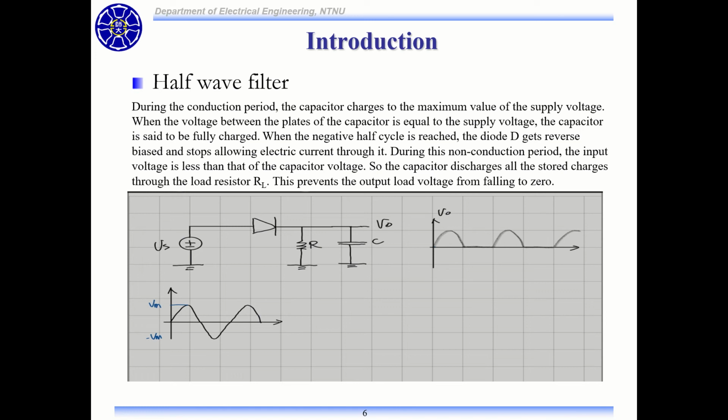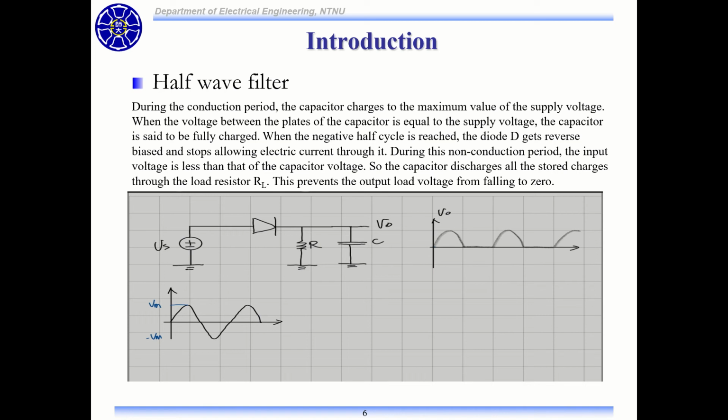When the negative half cycle is reached, the diode D gets reverse biased and stops allowing electric current through it. During this non-conduction period, the input voltage is less than that of the capacitor voltage, so the capacitor discharges all the stored charge through the load resistor RL.